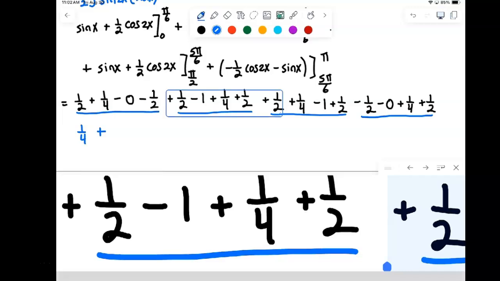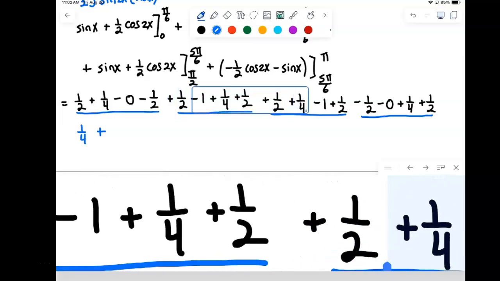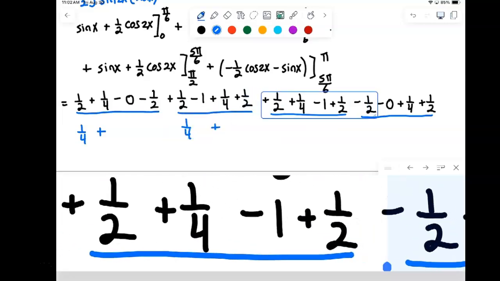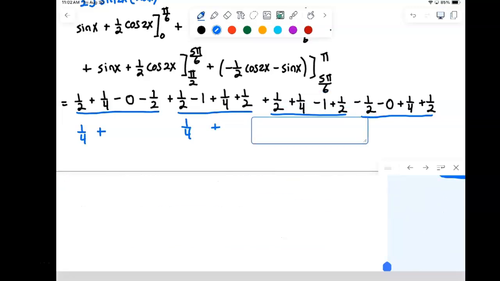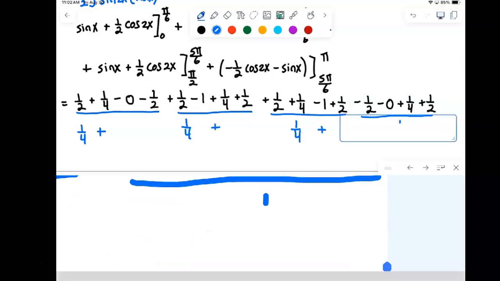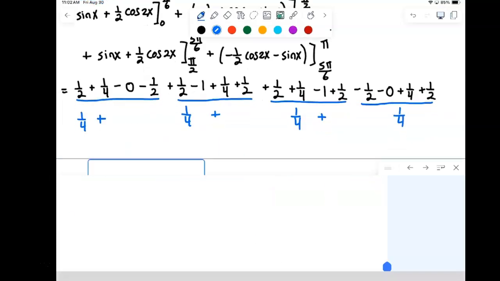Second blue group, 1/2 minus 1 plus 1/2 plus 1/4 is another 1/4. And over here, 1/2 plus 1/4 minus 1 plus 1/2 again leaves us with a 1/4. And then finally, the last one there, negative 1/2 minus 0 plus 1/4 plus 1/2 leaves us with another 1/4.